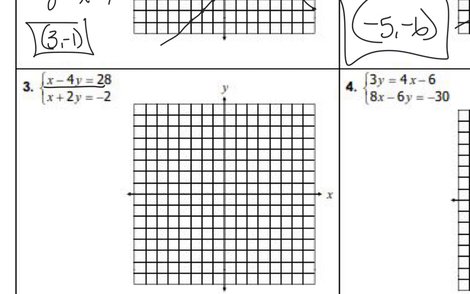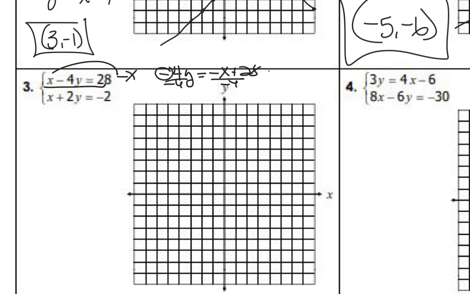I'm going to put this one in slope-intercept form. I'm going to bring that x over. And so now I have -4y equals -x plus 28. We're going to divide everything by -4. Don't forget the sign in front of the coefficient of y.